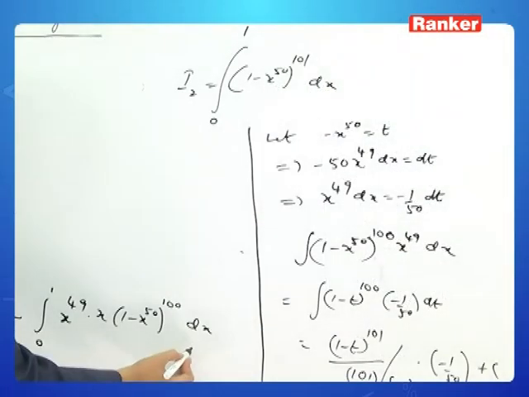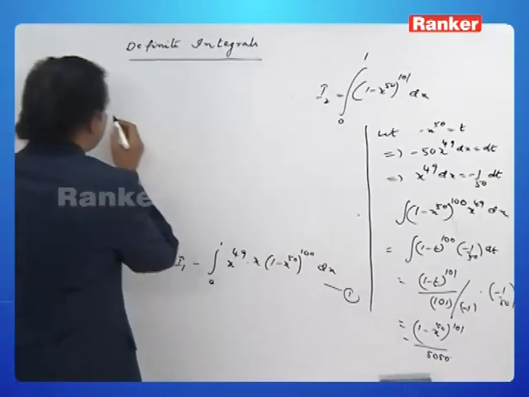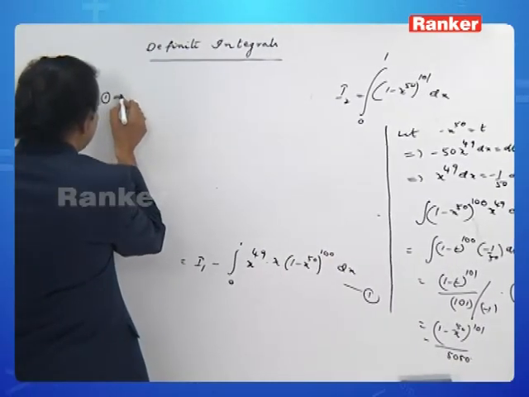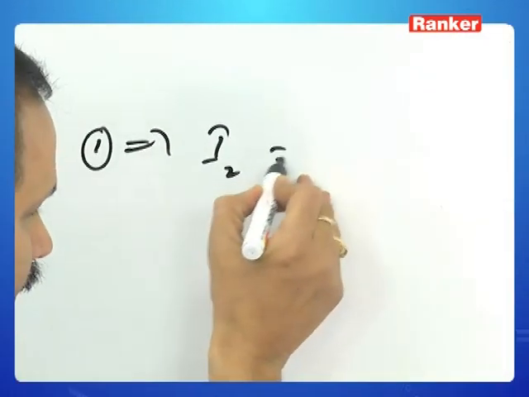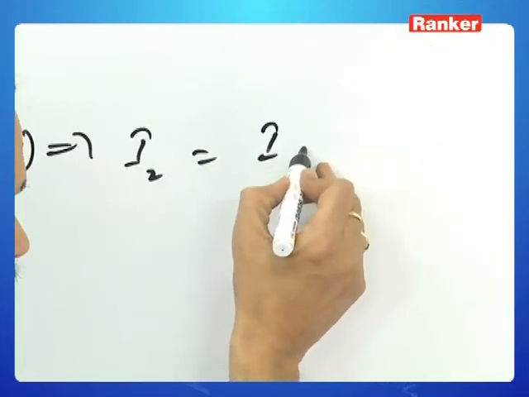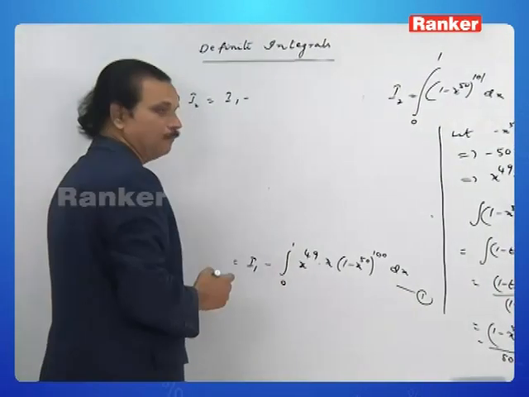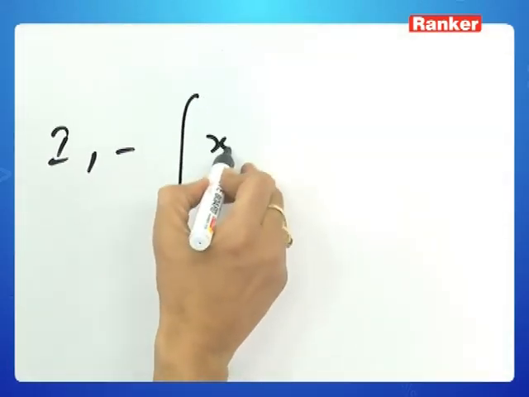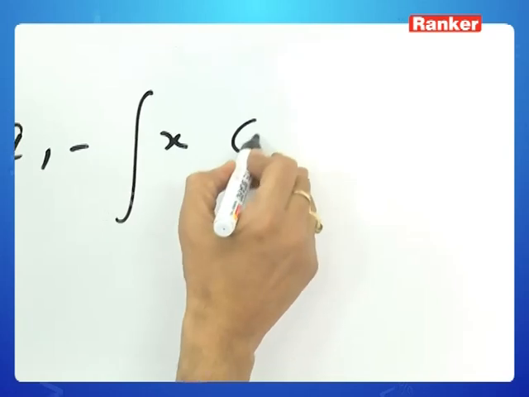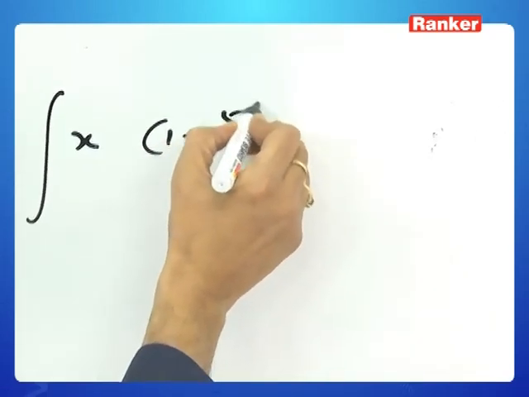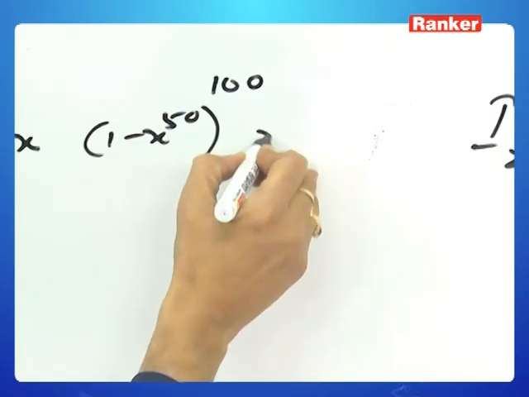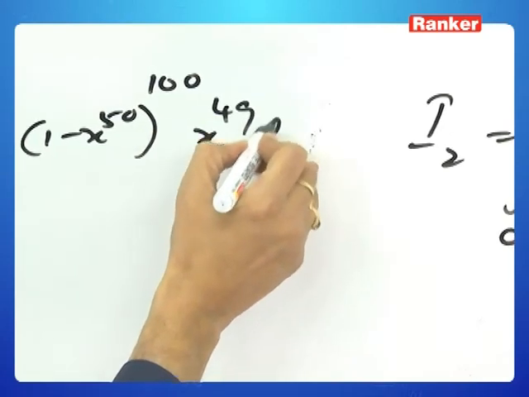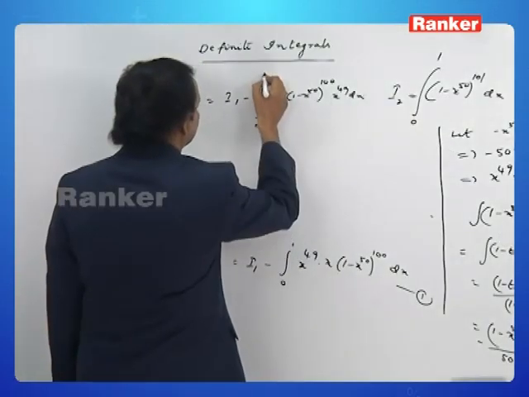Therefore, if you name this equation 1, this implies I2 is equal to I1 minus the integral of x into (1 minus x to the power of 50) whole to the power of 100 into x to the power of 49 dx between the limits 0 to 1.